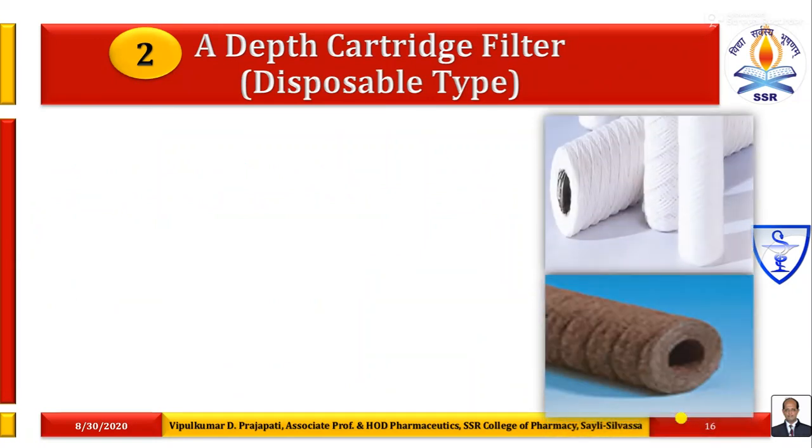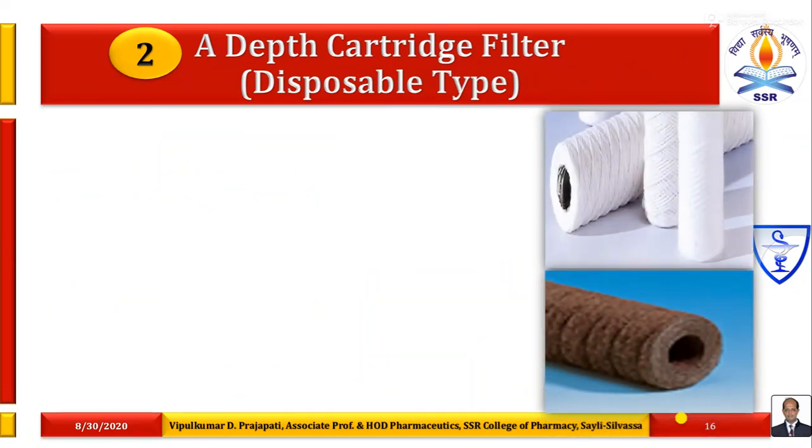Depth filter disposable type cartridge filters may be of two kinds: first, the string wound cartridge depth filter, and second, the resin bonded cartridge filter.